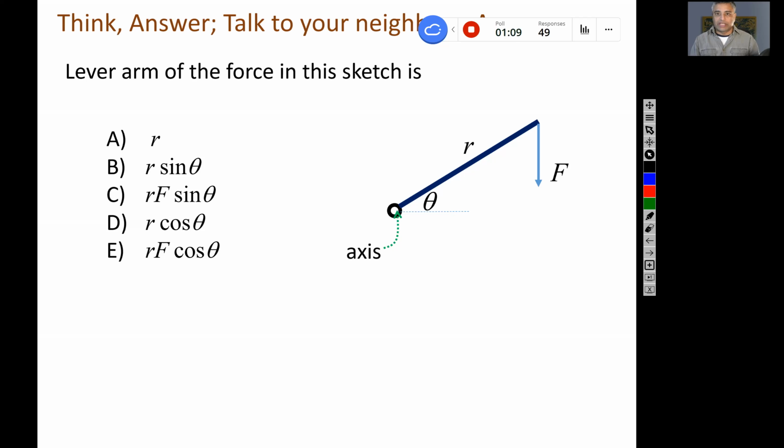Are you guys drawing that with those steps? Please draw it, okay, rather than just randomly choosing the answer. And we are looking for the lever arm here. 30 more seconds.